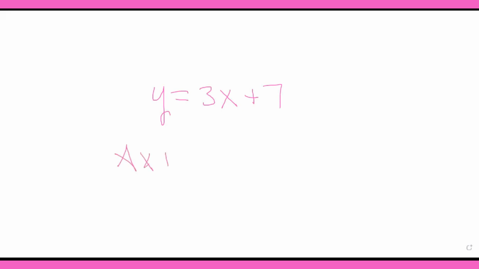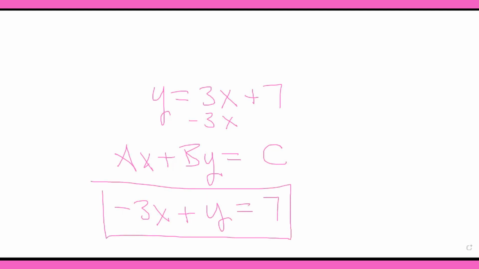So if you remember, ax plus by, and now big A and big B are just coefficients, that's all. And big C is just a constant. So for this case, I would just move the x over to the other side. So that would be a negative 3x plus just a regular y, and that would equal 7. So easy enough, that would be our standard form.